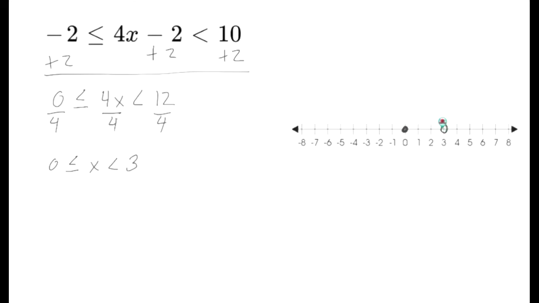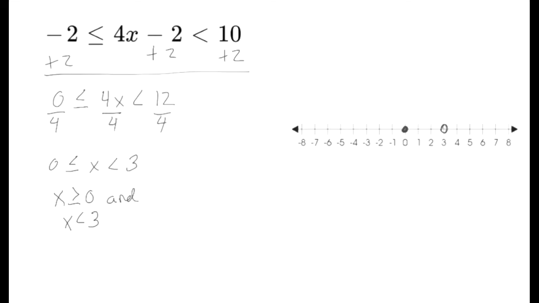Now, which way is the shade? Okay, well, this might help. We can write this as x is greater than or equal to 0 and x is less than 3. So what we can do is taking this, it's greater than or equal to 0.